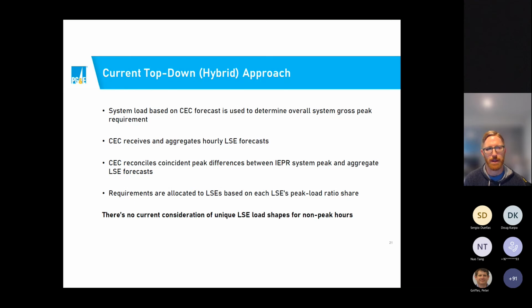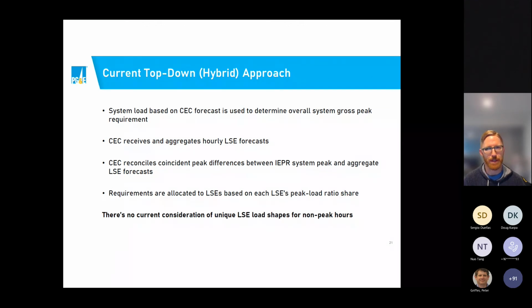So the system load is based on the CEC forecast, and that's used to determine the overall system gross peak requirement. And I should say, this is our understanding. To the extent that Lynn or anyone else from the CEC sees any mischaracterizations, please speak up and let us know.